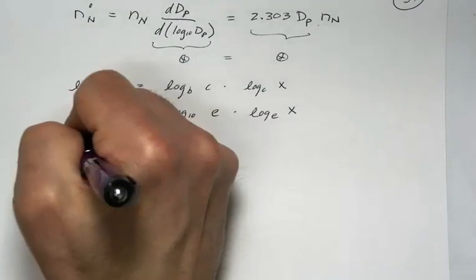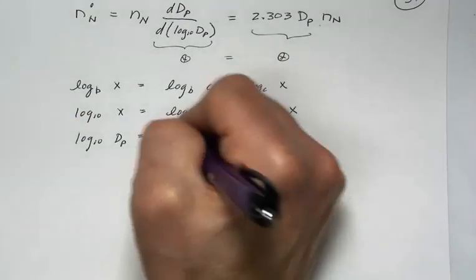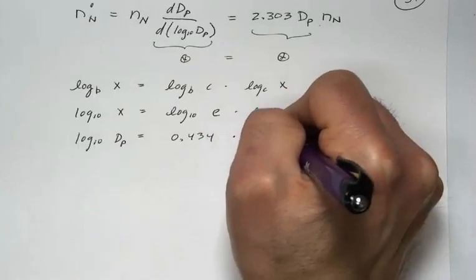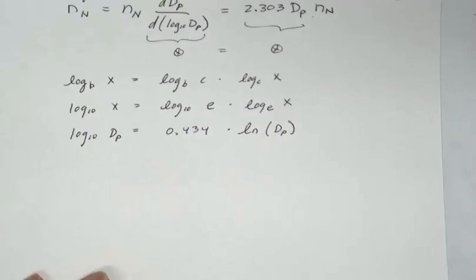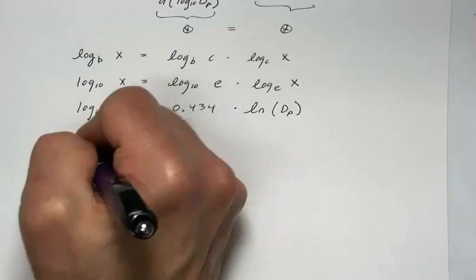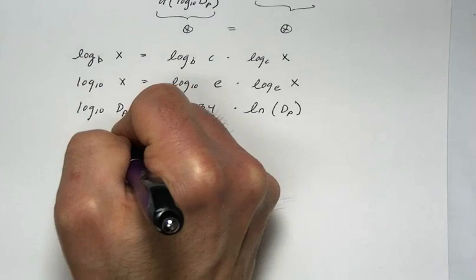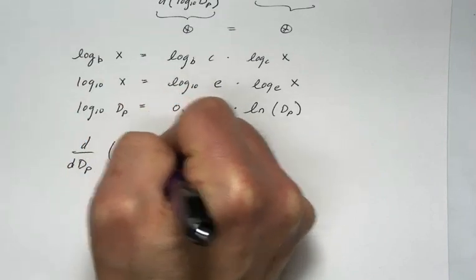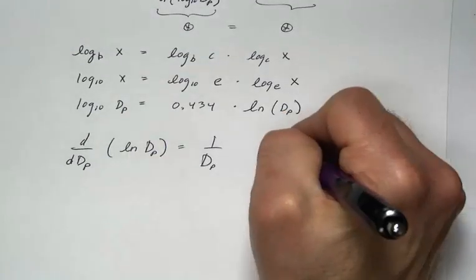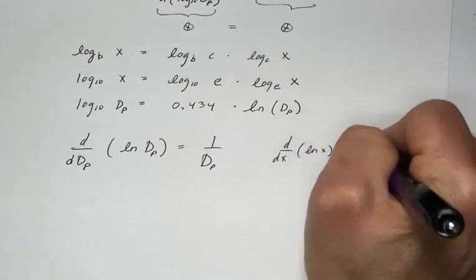In other words, the base 10 log of particle diameter is equal to 0.434 times the natural log of particle diameter. And then if I take the derivative with respect to particle size of the natural log of particle size, that's just 1 over particle size. Just like d by dx of ln x is 1 over x.